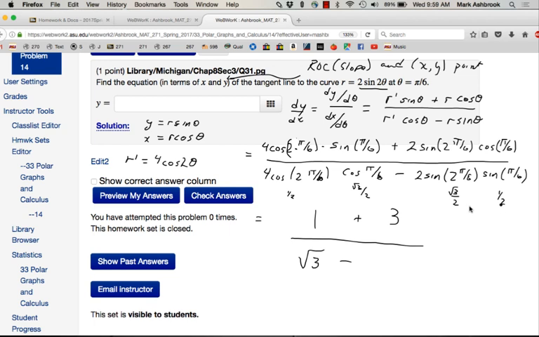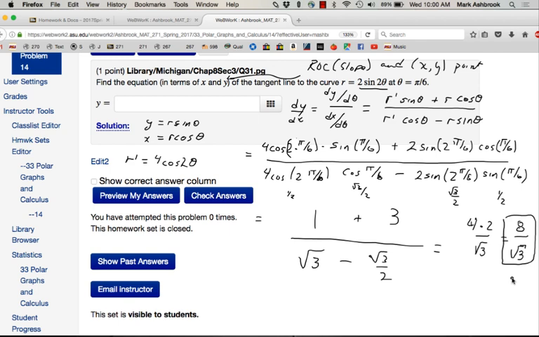This times 2. So this is going to be radical 3 minus radical 3 over 2, which is 4 times 2. 8 over radical 3. Yeah, because this denominator just turns out to be radical 3 over 2. Invert and multiply. So I think the rate of change at pi over 6, theta equals pi over 6, is 8 radical 3.